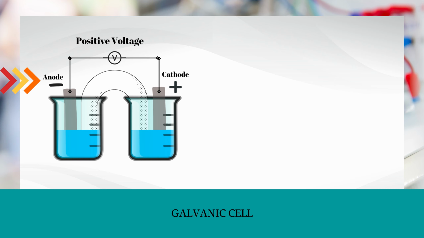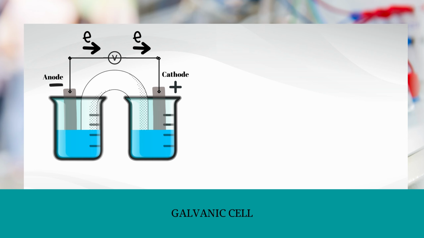Like I mentioned earlier, a galvanic cell consists of two compartments called half cells. The half cell where the oxidation occurs is called the anode. The other half cell where the reduction occurs is called the cathode.